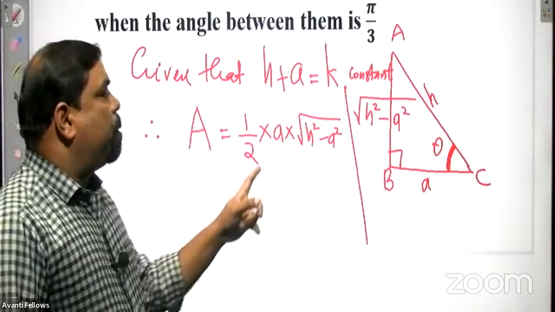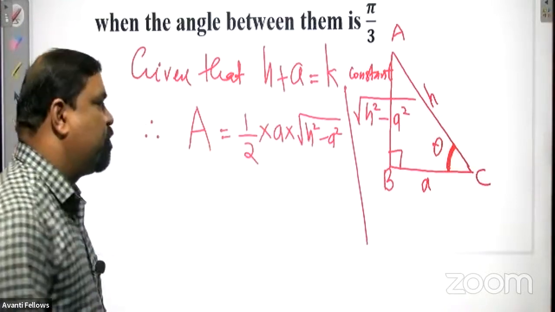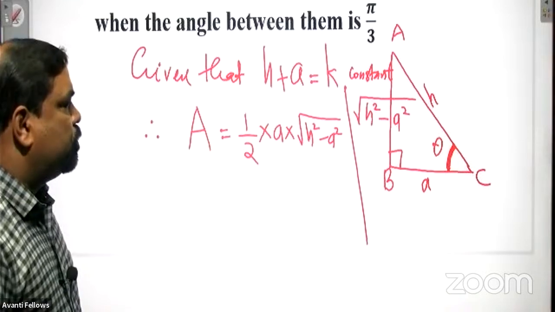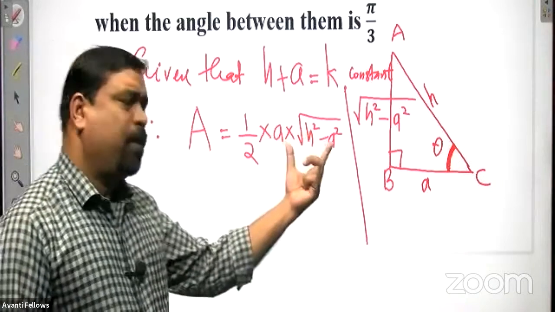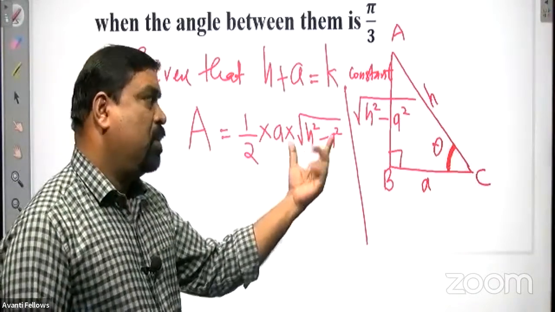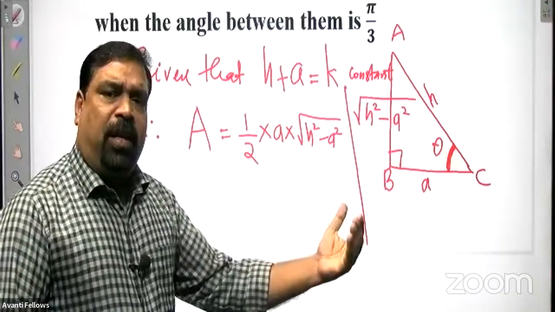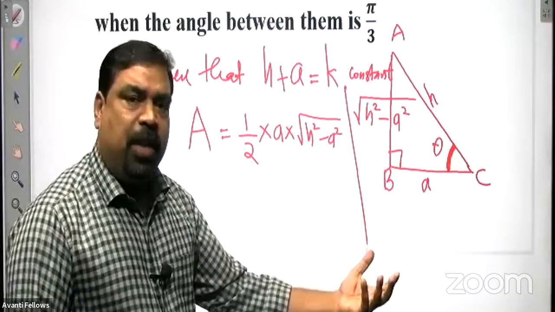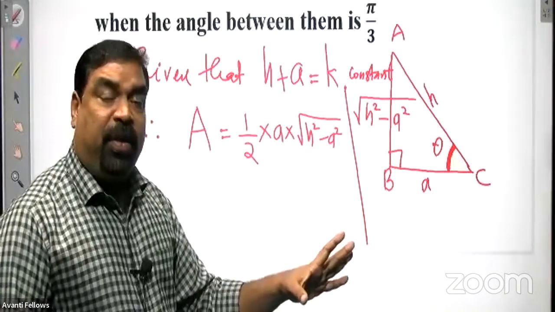So half into A into root of H square minus A square. Here also you can see a root. Whenever a root comes in this type of problem, there will be little difficulty while differentiating. So to avoid that problem, we will take the square of that.